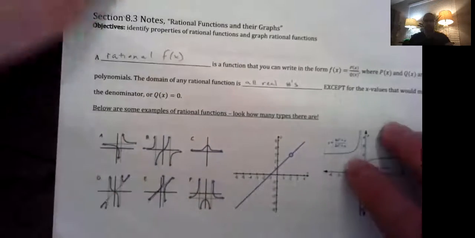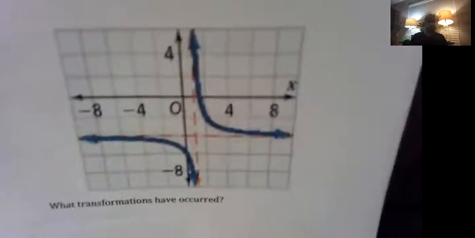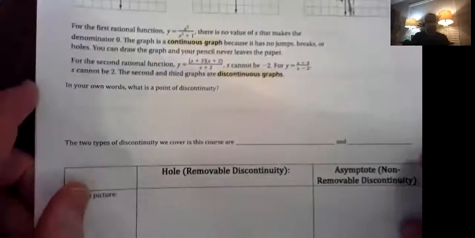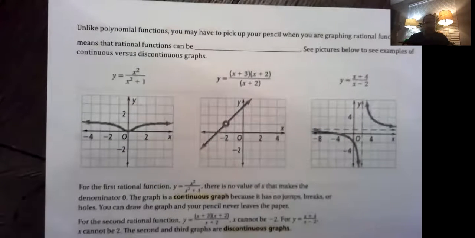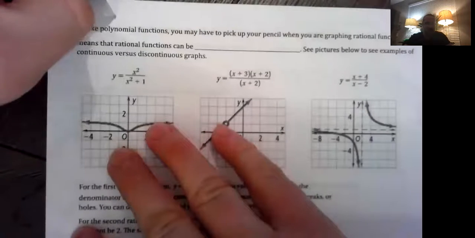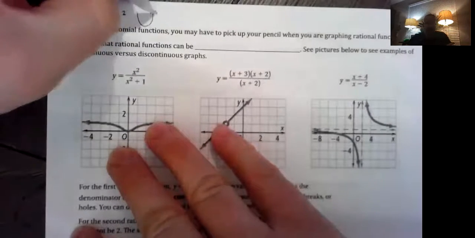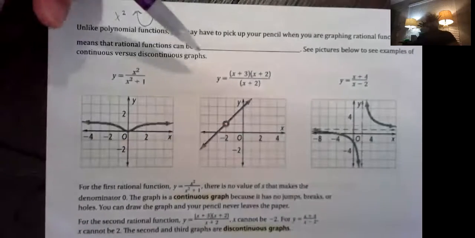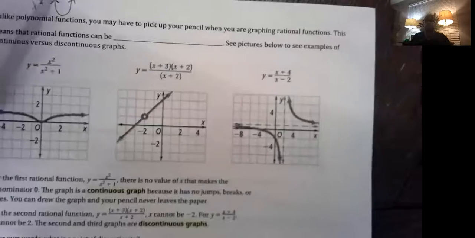All right. Something I really want to talk about here, this main idea, is continuing this discussion about discontinuity. Unlike polynomial functions, like x squared, which kept going and going, you may have to pick up your pencil when graphing these rational functions.